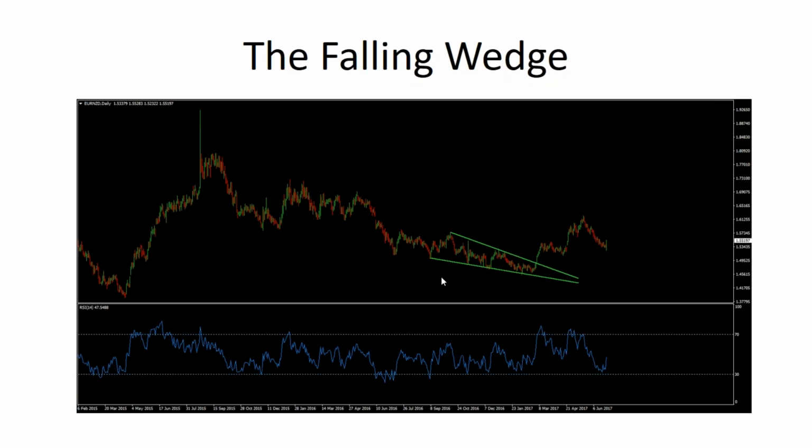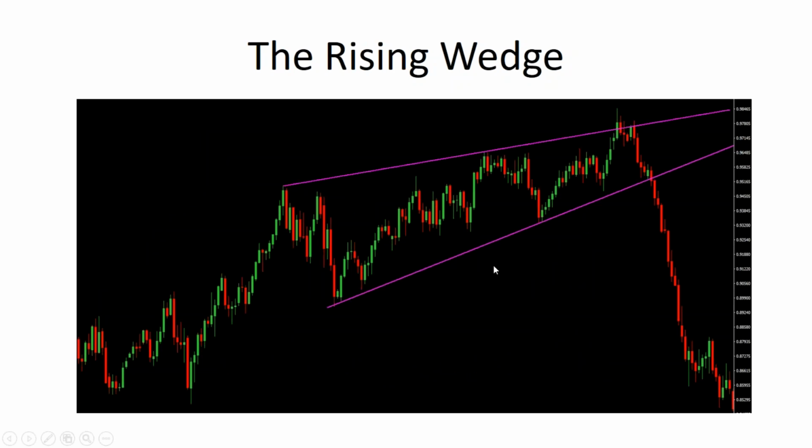Okay, so let's quickly move on then and take a look at the bearish version of this pattern, which is the rising wedge. So you can see here that the rising wedge formation is simply the inverse of the falling wedge. So this time we're looking at a bearish reversal pattern, and you can see that the range is still contracting, but this time it's moving to the top side, and in this scenario it's the upper trend line that has the flatter gradient.